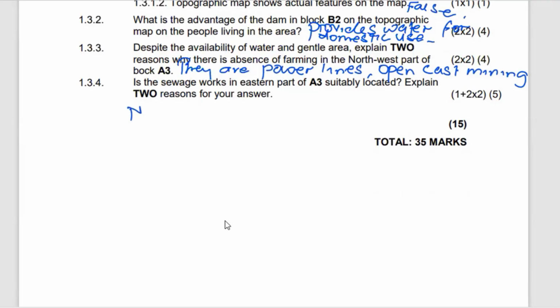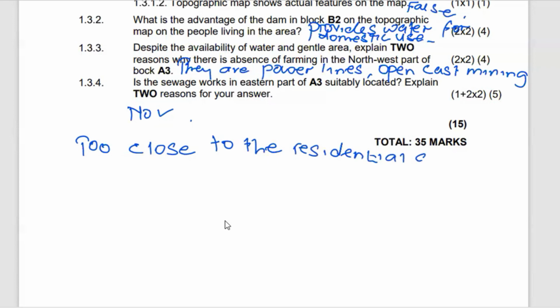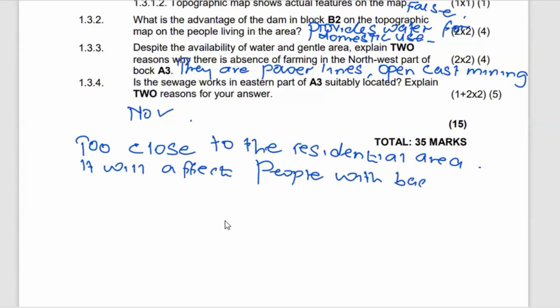It is not. So first you agree or disagree, and then you say it's too close to the residential area, meaning it will affect people with bad smell.